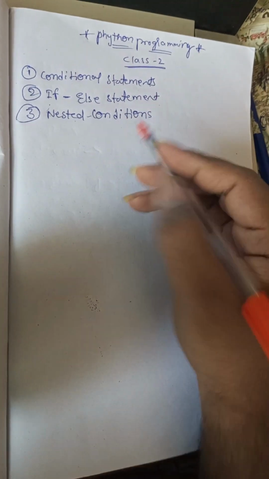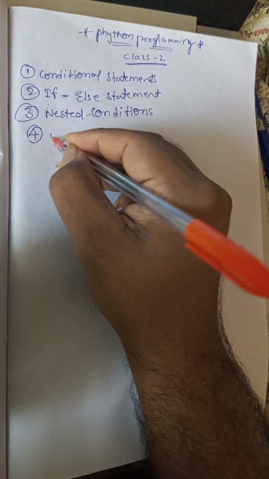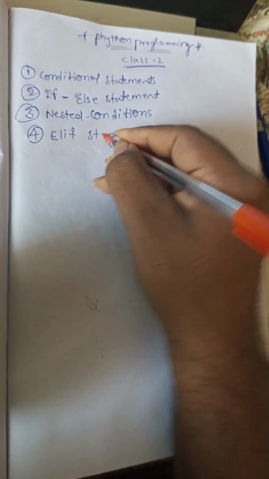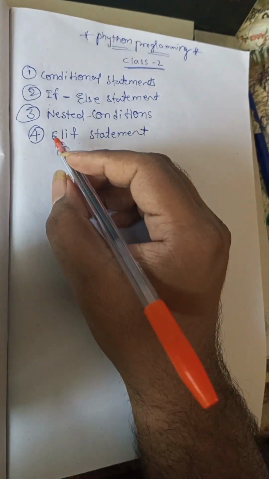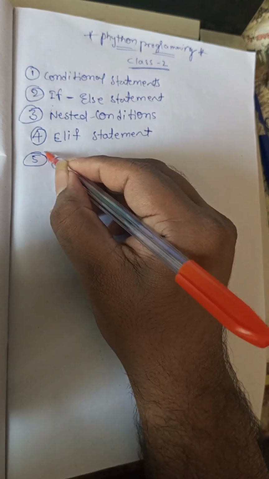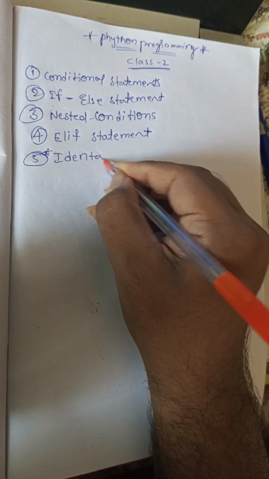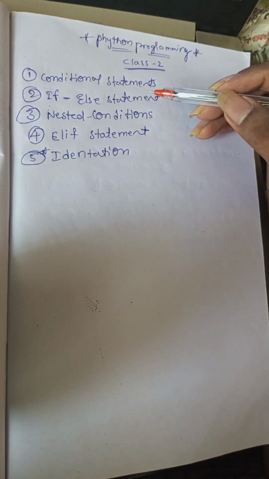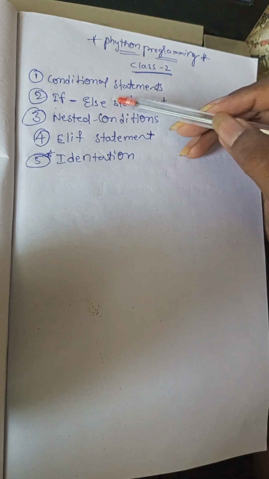What is nested conditions? And fourth, we discuss about the elif statements. And more important, we also discuss about the rule of indentations, means spaces. So these were the topics we have to discuss in this video and in class 2 about conditional statement.